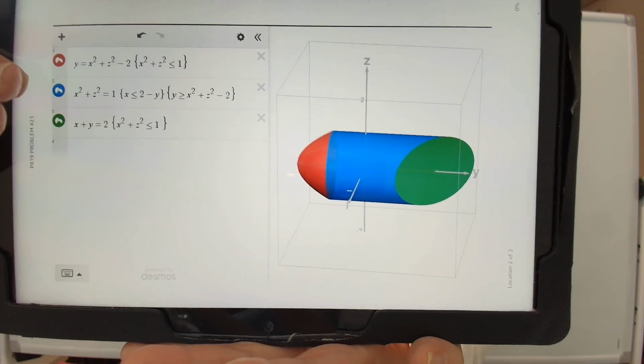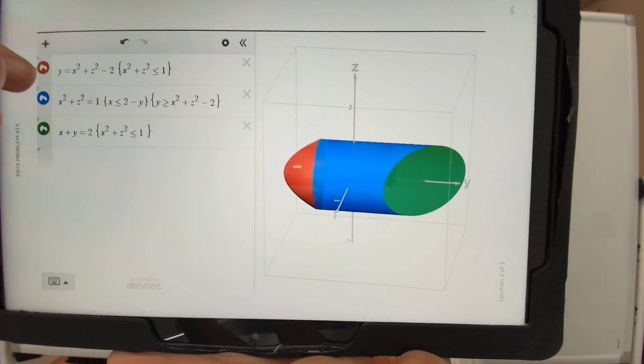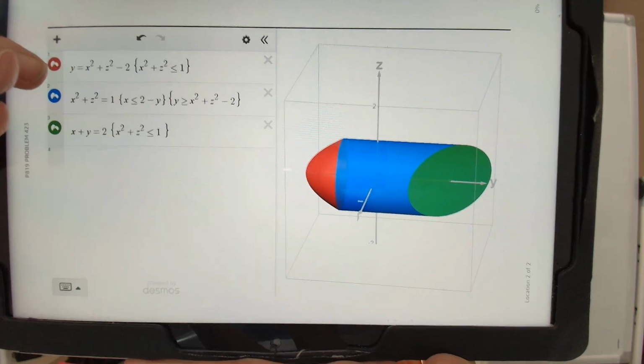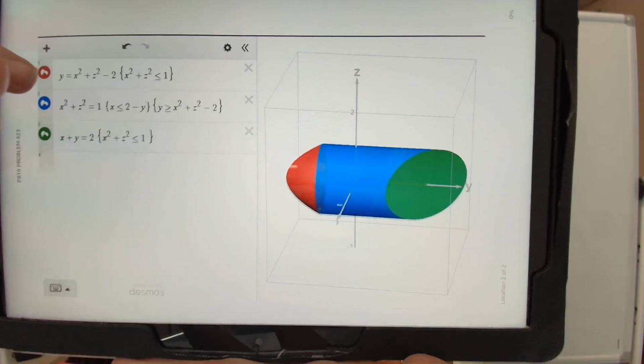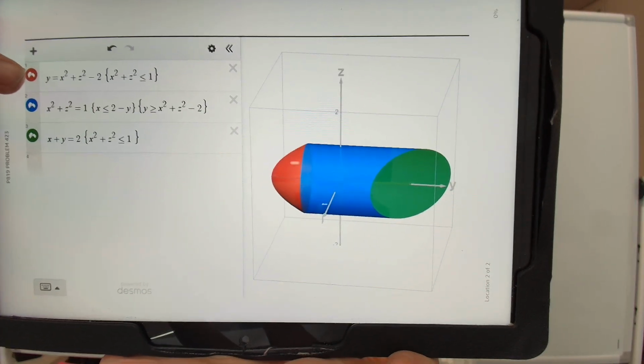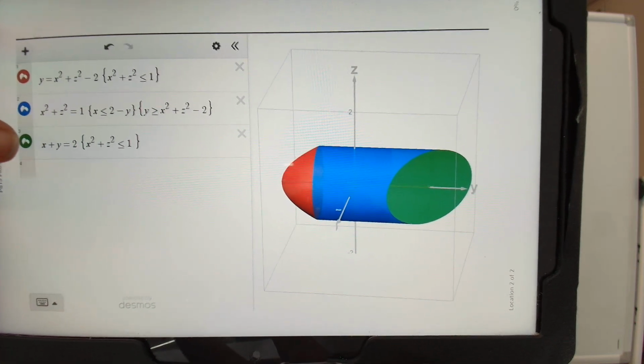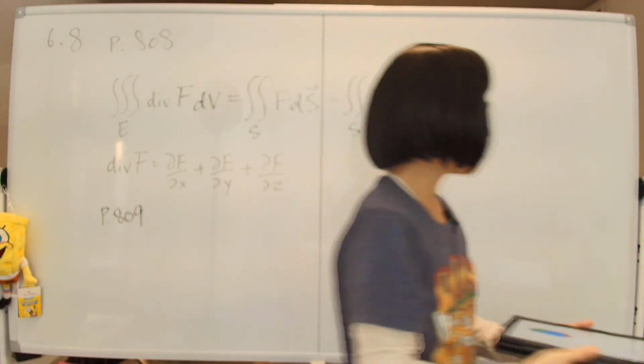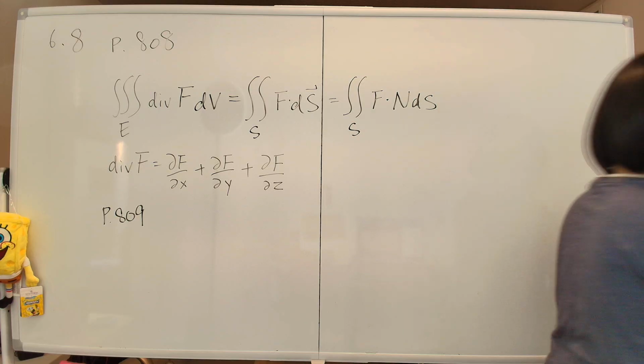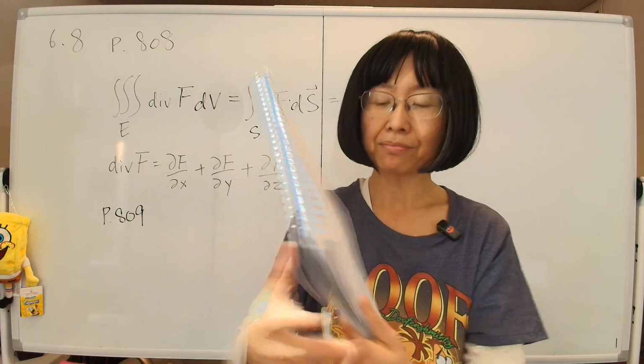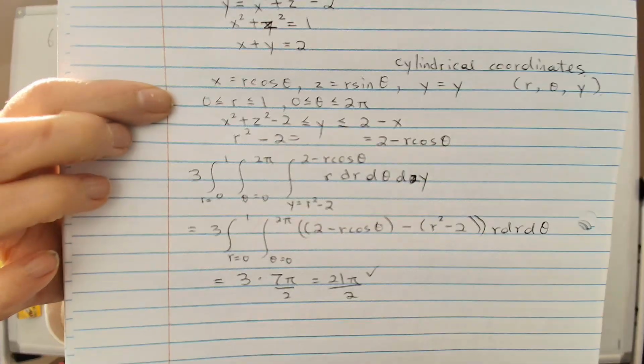The y is the tricky part. So y at the bottom goes from the paraboloid, and to the top to the plane. That's the only hard part of this problem, is how y is going to go.